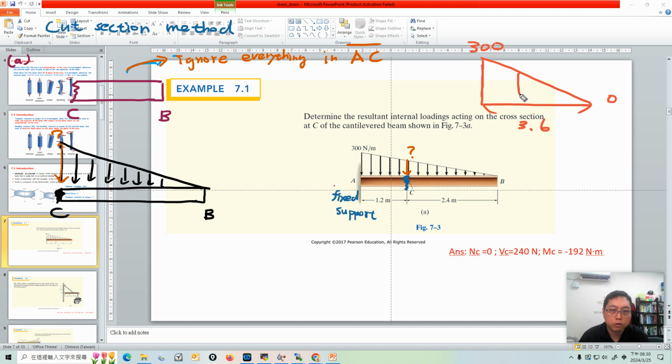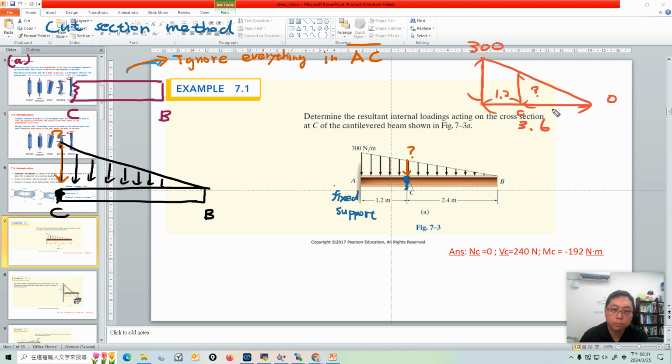Section C is here, and here it says 1.2, and here is 300. So what is the magnitude here? How do we calculate it? Remember similar triangles, right? This is 2, this is 1.2 here.